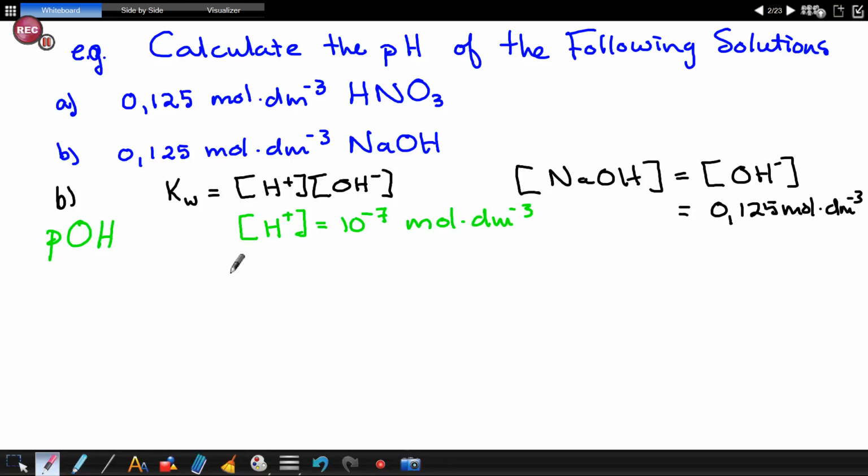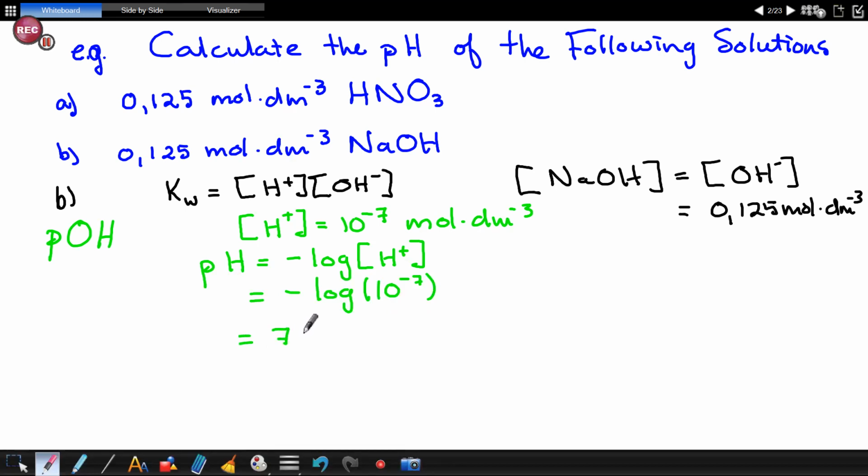So pH is negative log of the concentration of the hydrogen ion, which is negative log of 10 to the minus 7. Watch the brackets changing from square brackets to round brackets. It is 7.